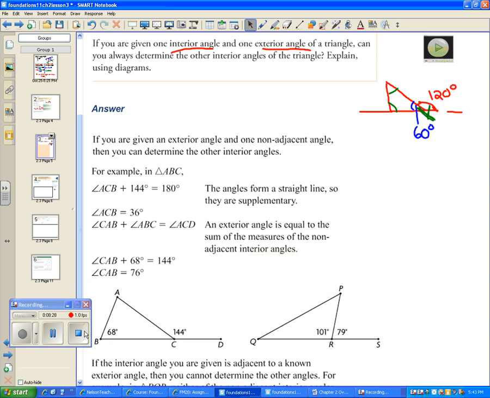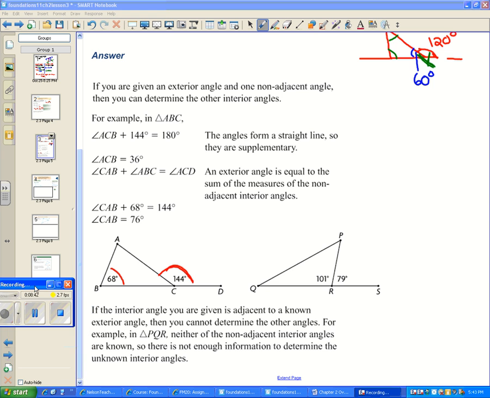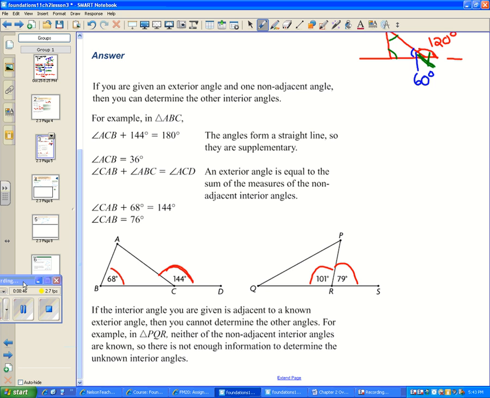So this is in this ABC. We have an angle, and this is its non-adjacent one. Okay? However, if the interior angle you are given is adjacent, so here's our interior angle adjacent to our exterior angle, then you cannot determine the other angles.